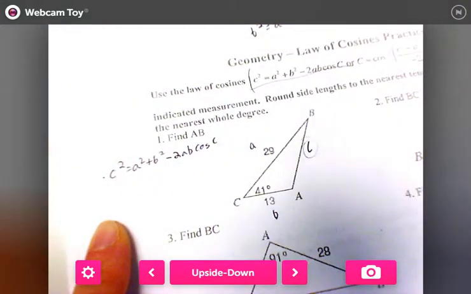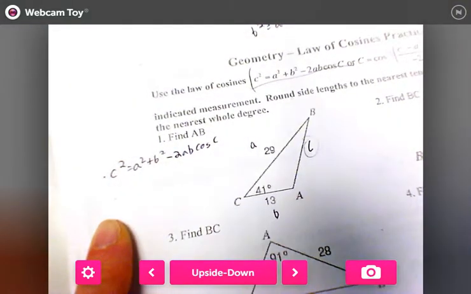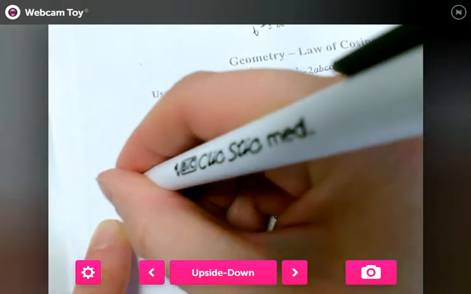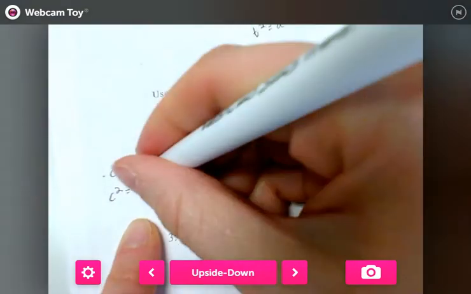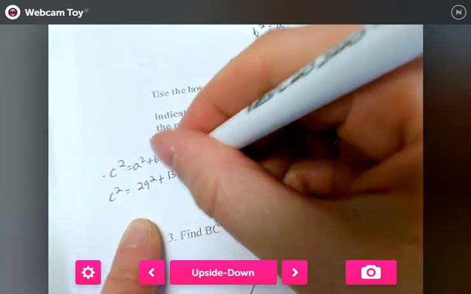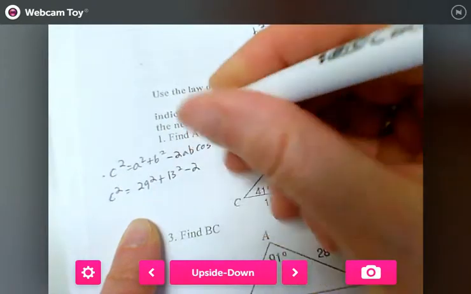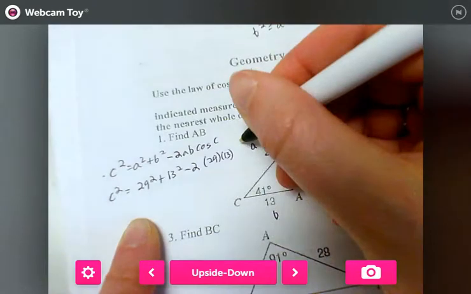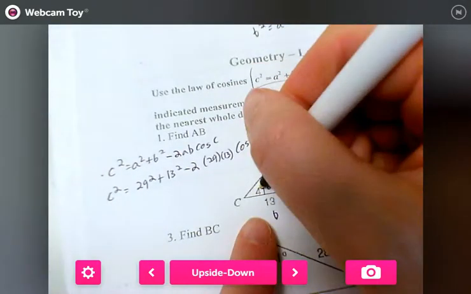Okay, step 3, plug in the numbers. So we don't know what little c is. We know a is 29 squared plus b, we go 13 squared, minus 2 times 29 times 13, cosine, and c is 41.